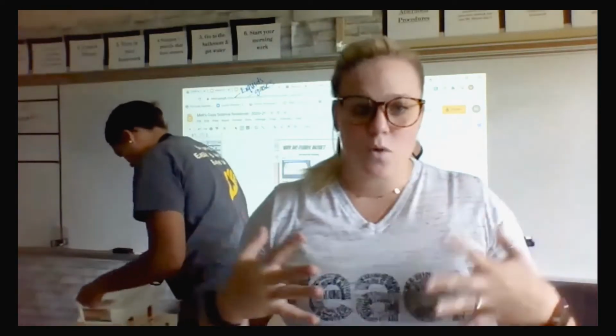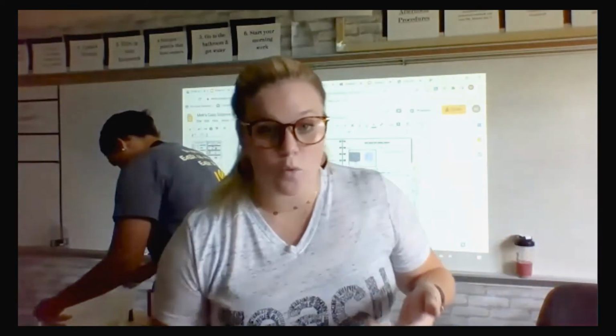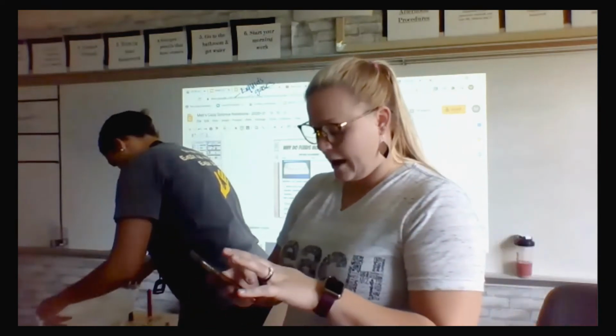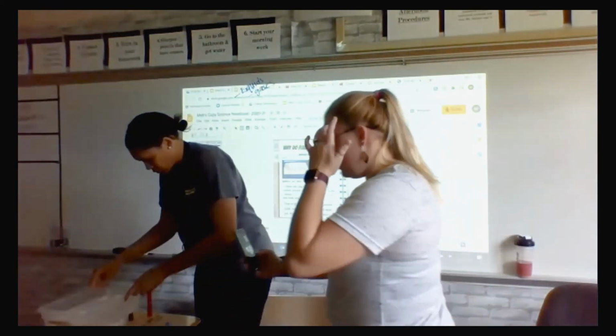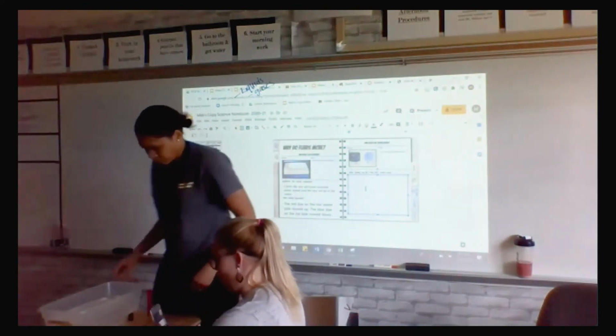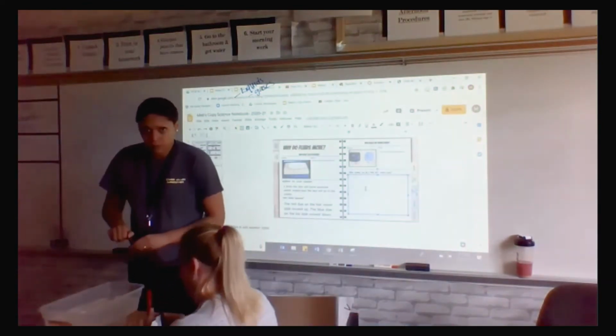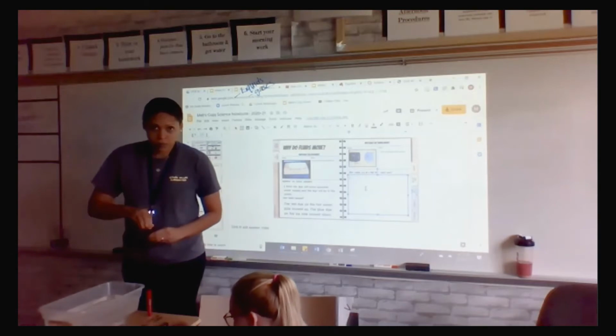Okay, we are going to show you one more time what happened when we put the dye in, because we don't think our water was hot enough. So we got really cold water, it's all the way filled up, and really hot water from my Keurig.